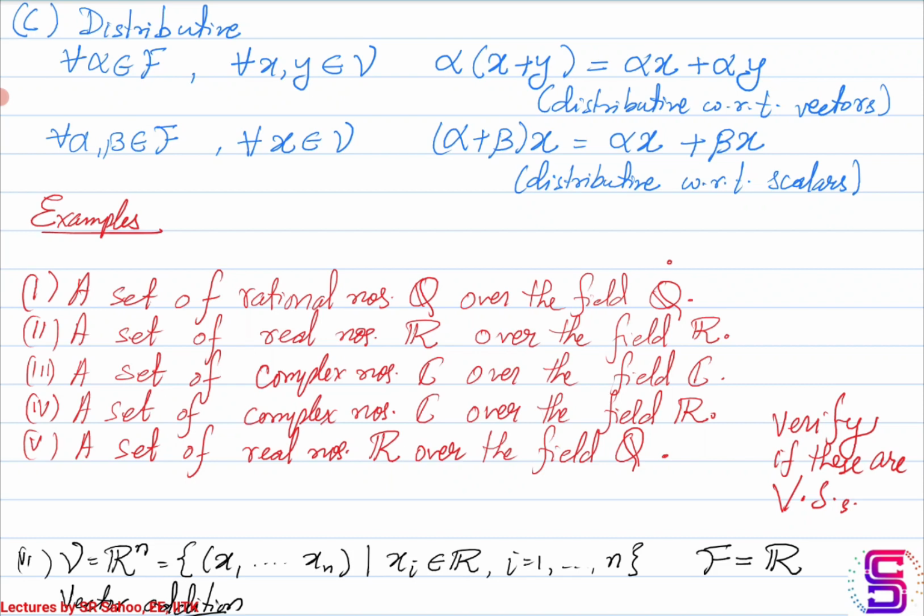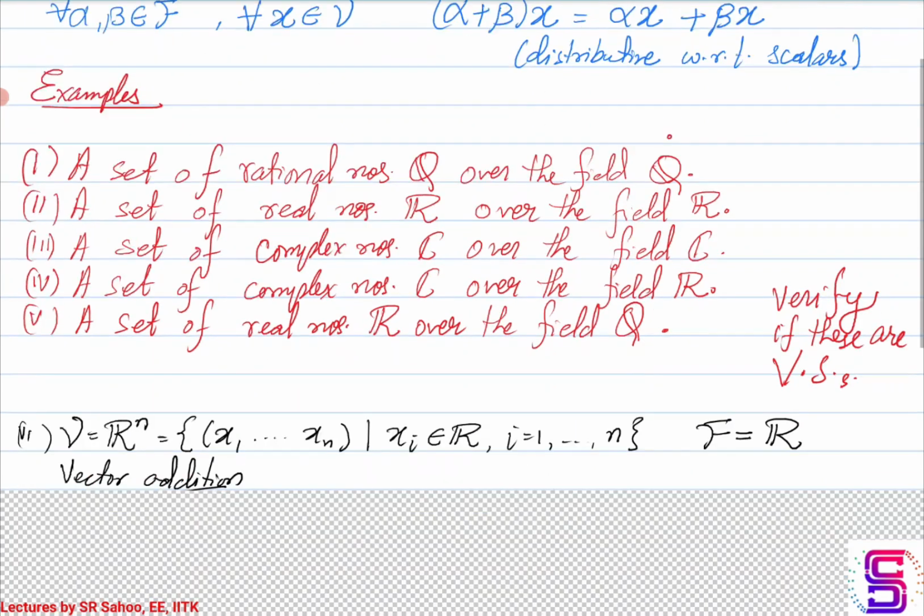Please verify if a set of real numbers over the field of rationals qualifies to be a vector space or not. Okay, so all the four examples that we just saw are vector spaces with respect to their respective fields that have been given to them. Please verify whether the fifth example here is going to be a vector space or not.